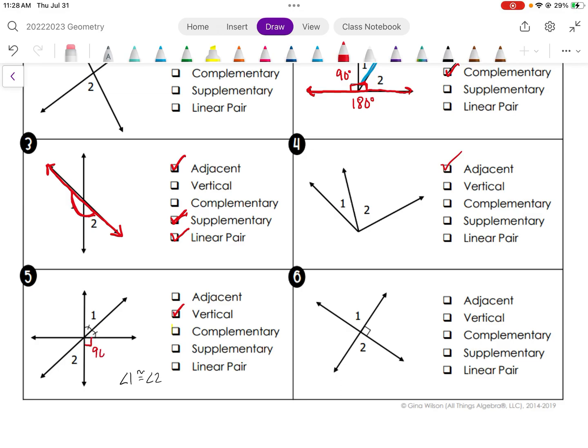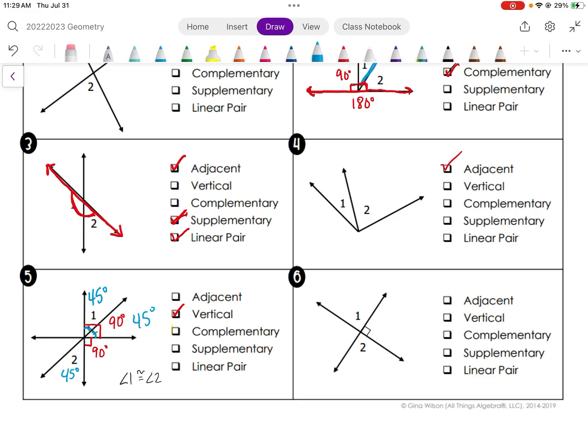If this is a box and this is 90 degrees, that means this has to be 90 degrees as well. And it says that these are congruent right here. So if those 2 angles right there are the same and they add to 90, that means they have to be 45 and 45, right?